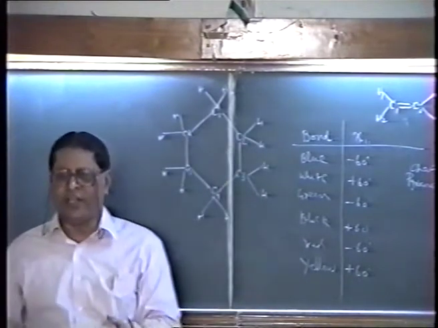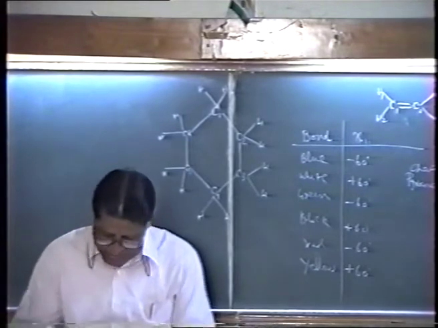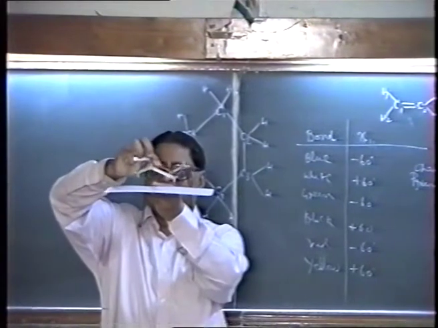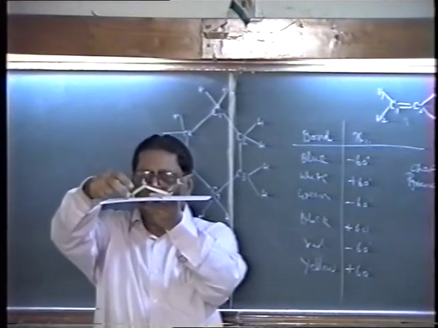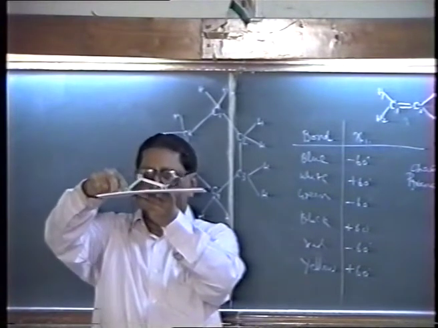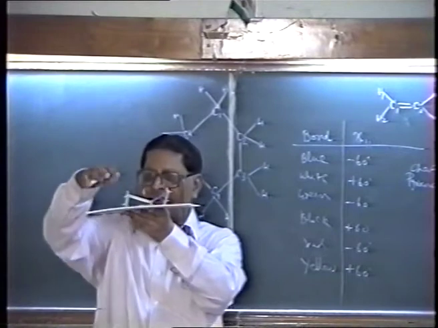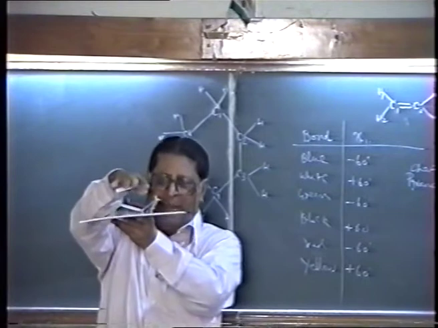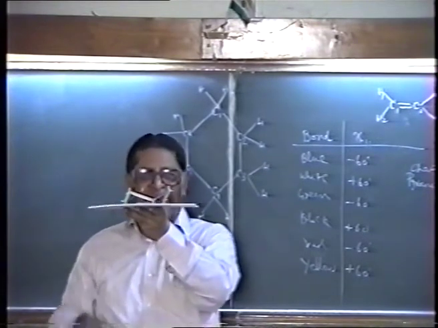First thing I am going to do is take this molecule and keep it on this cardboard. For the time being, assume that though there is a small fellow projecting here, it is not there, and so this atom and this atom are sitting on the plane of the board. Where do you find the other three atoms?